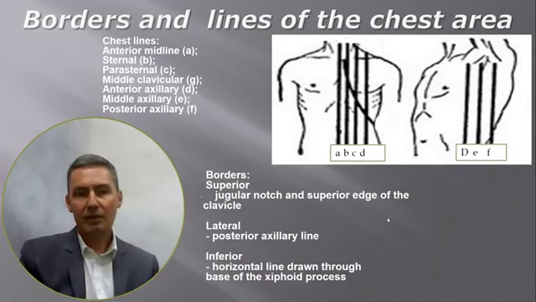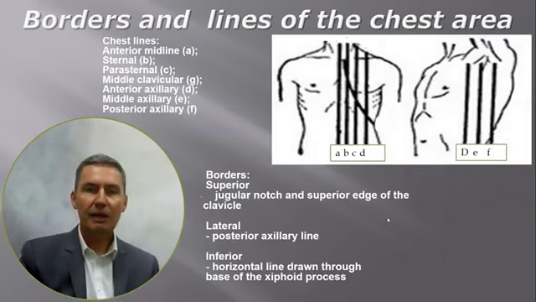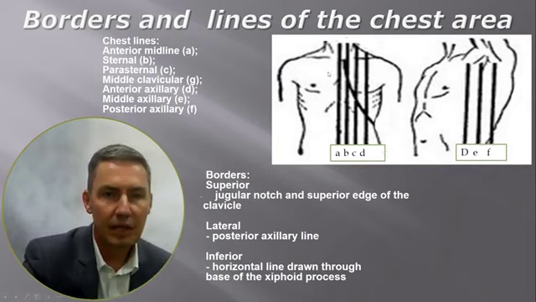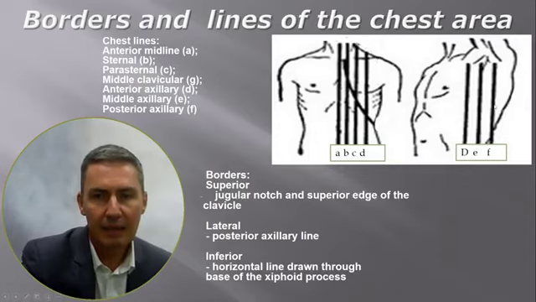Let's start with the boundaries of the chest or thoracic region. Superiorly, the boundary passes through the jugular notch, then through the superior edge of the clavicle. Laterally, this border passes along the posterior axillary line, and inferiorly it is the horizontal line which passes through the base of the xiphoid process.